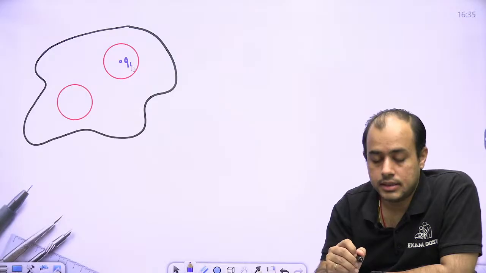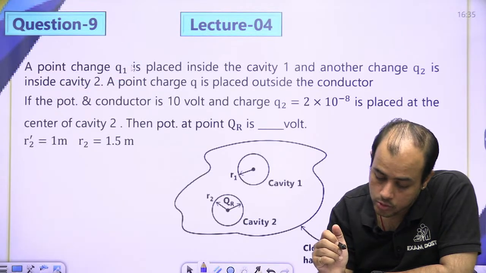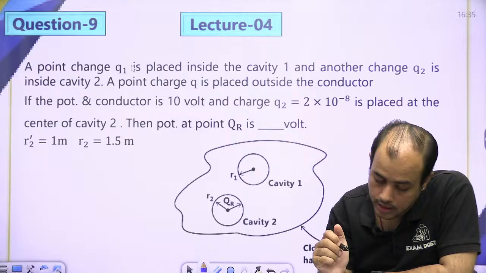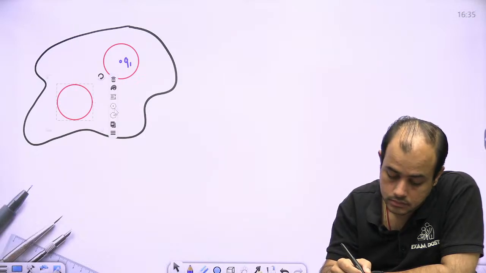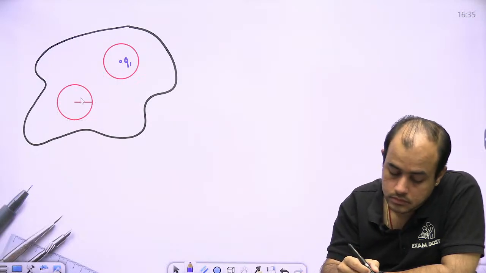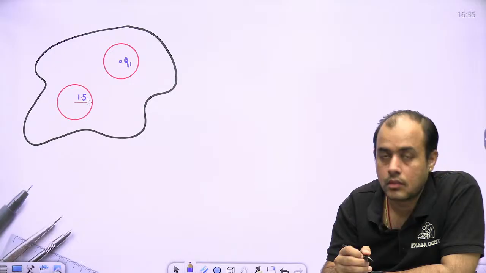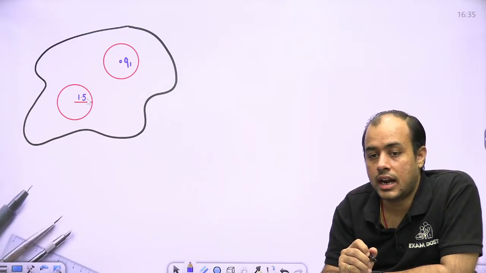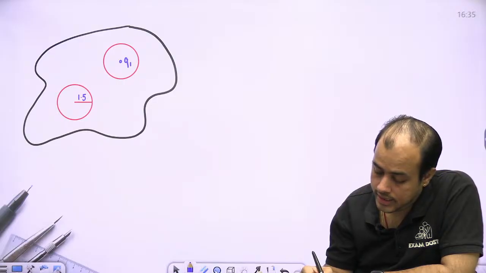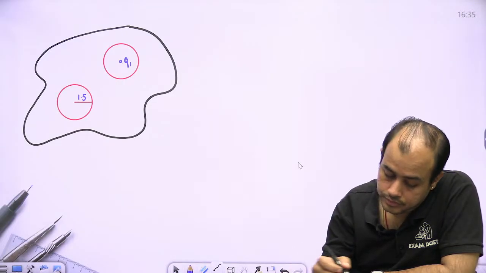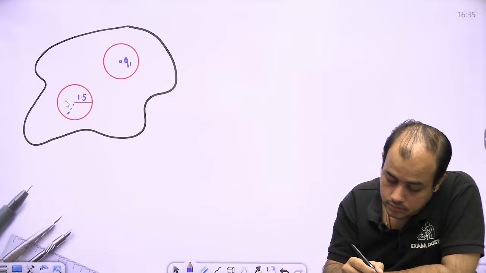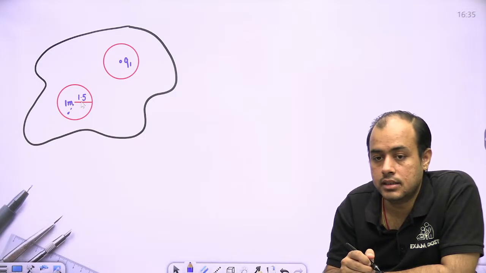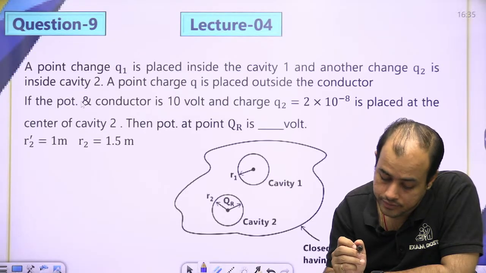Now, inside cavity 2, R2 is 1.5, R2 dash is 1 meter.